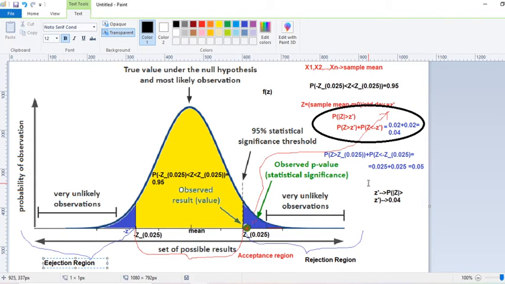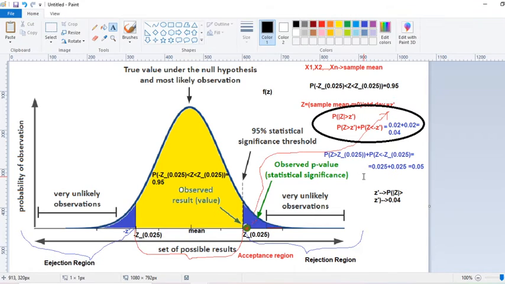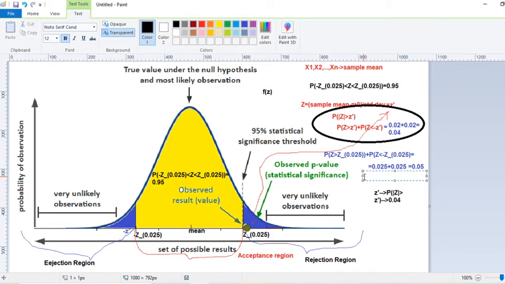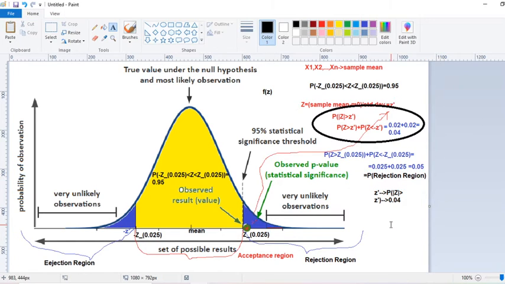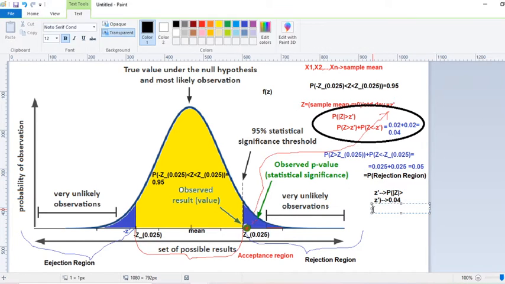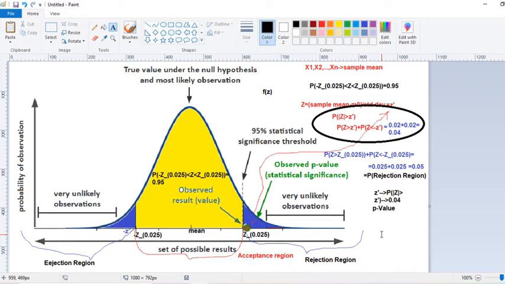This is exactly equal to the probability of the rejection region. This is the p-value.